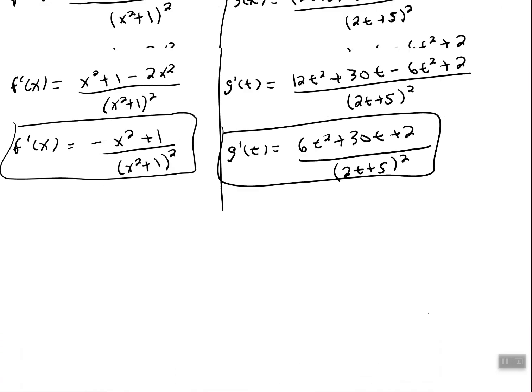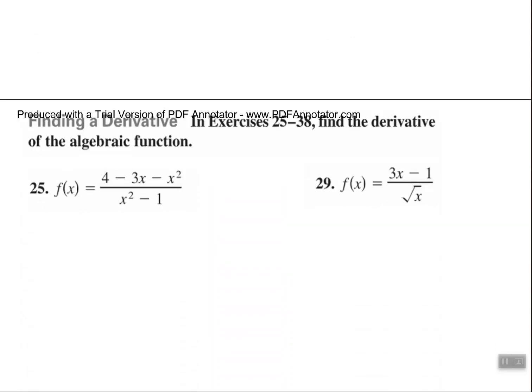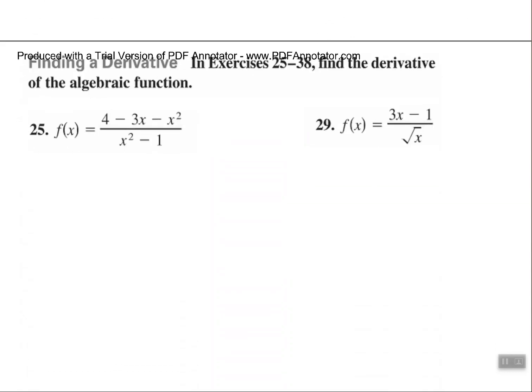Let's move right along, and now we have find the derivative of the algebraic functions. I'll tell you this: if you can simplify, then simplify first before you try to find a derivative.